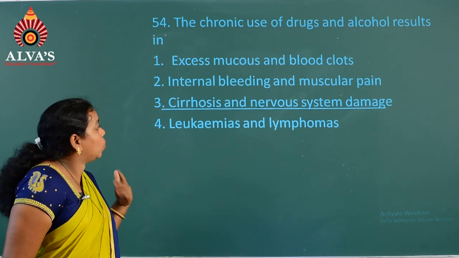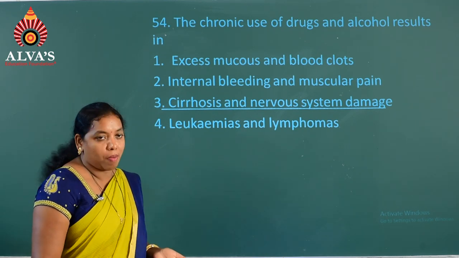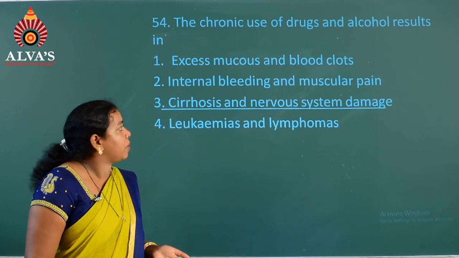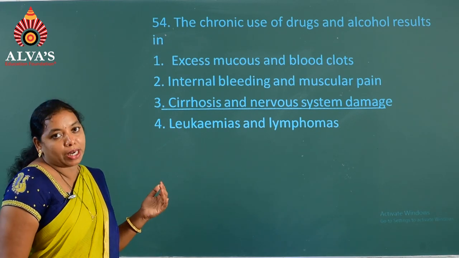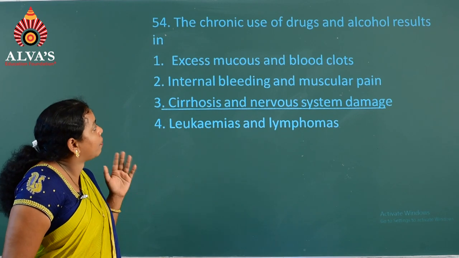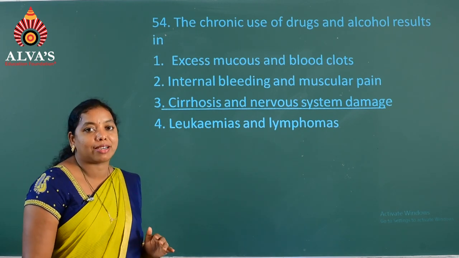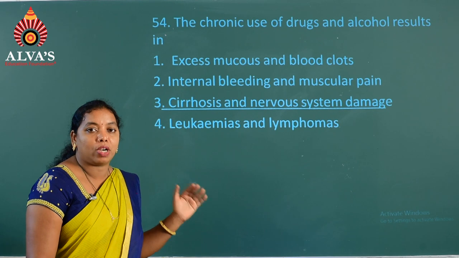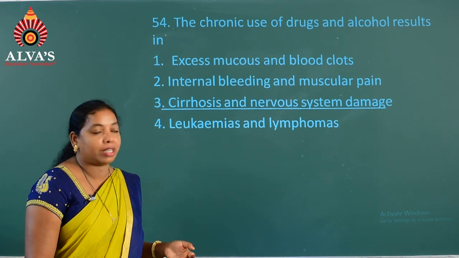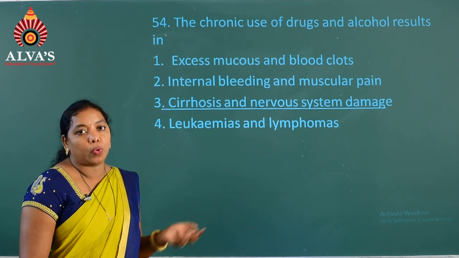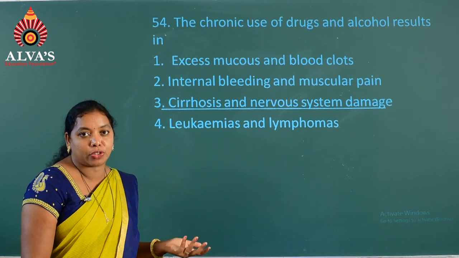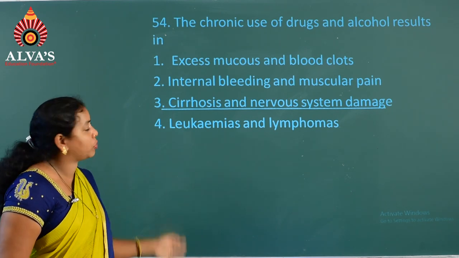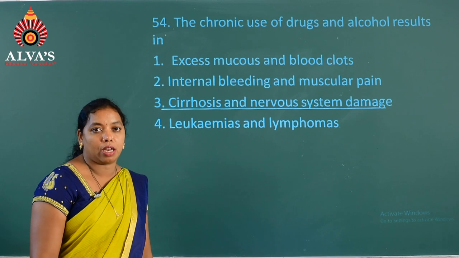Fourth one, leukemias and lymphomas. Here you can see the first one, excess mucus and blood clots, is not related. Whenever there is chronic use of drugs or alcohol, generally liver cirrhosis or liver damage can be seen, and it also damages the nervous system. So the right answer for this question is option 3.